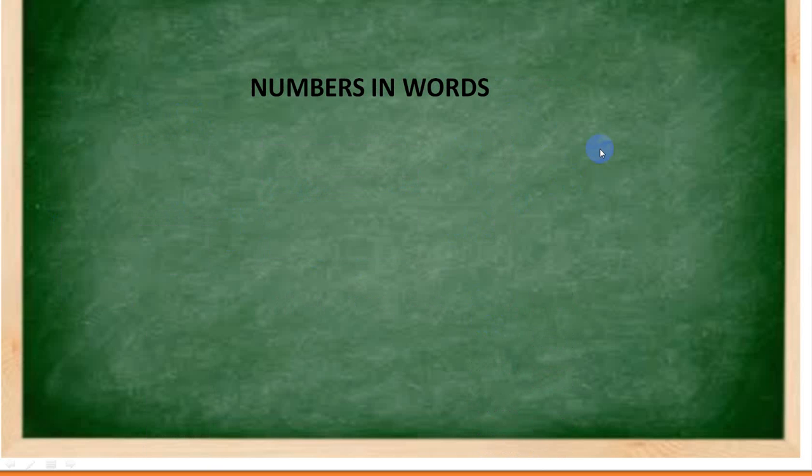Numbers in words. Before we already studied numbers, now we have to know how to write the numbers in words. For the first example, 155, we write it as one hundred and fifty-five. Okay, we put 'and' to separate the hundreds and the tens, and we use a hyphen to separate tens and ones.